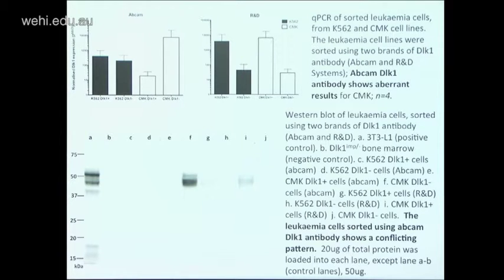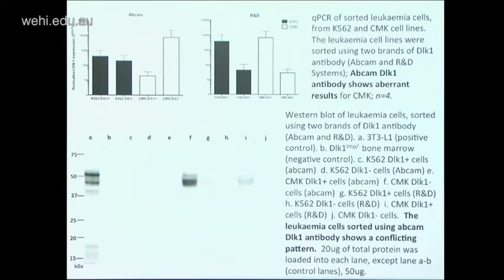So it's kind of doing the opposite of what it's supposed to do. But when you look at the R&D antibody, this is quite consistent with what it's supposed to do, where the positive cells are much higher in expression than the negative sorted cells, for both cell lines.